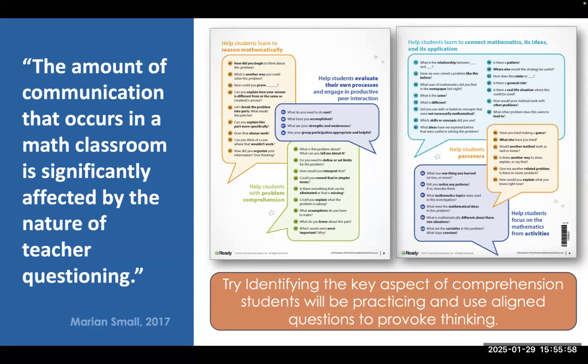On the left, you can see how we can help students learn to reason mathematically, how we can help them evaluate their own processes, and how we can help them connect mathematics to ideas and other forms of application.